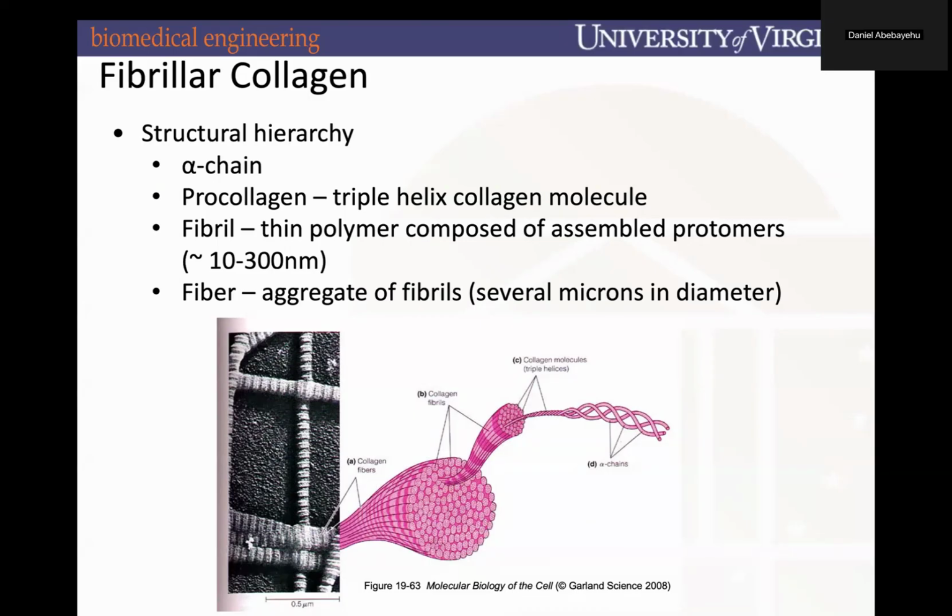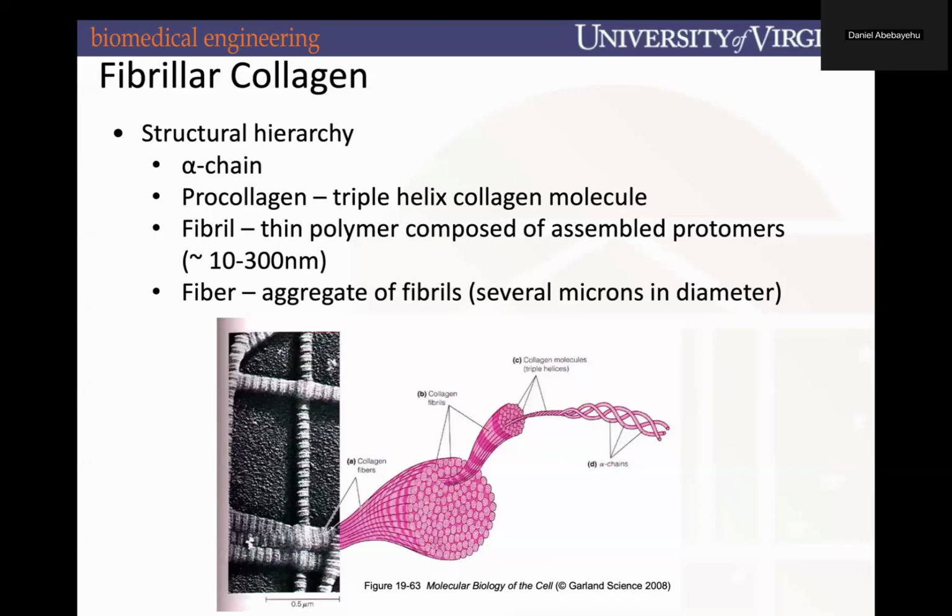Now, what's going to end up happening is when that pro cap is cleaved, in some cases, we're going to get polymerization of collagen end to end. Collagen type 4 is going to be more cross-hatching, more network-like.